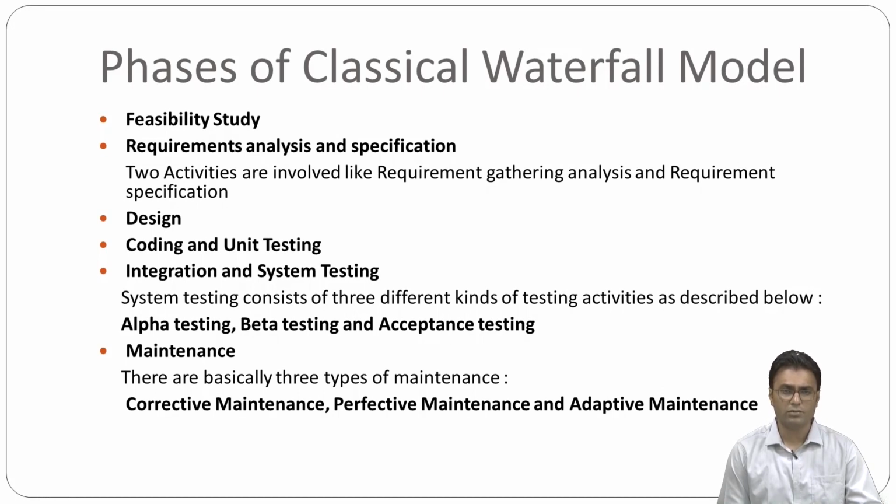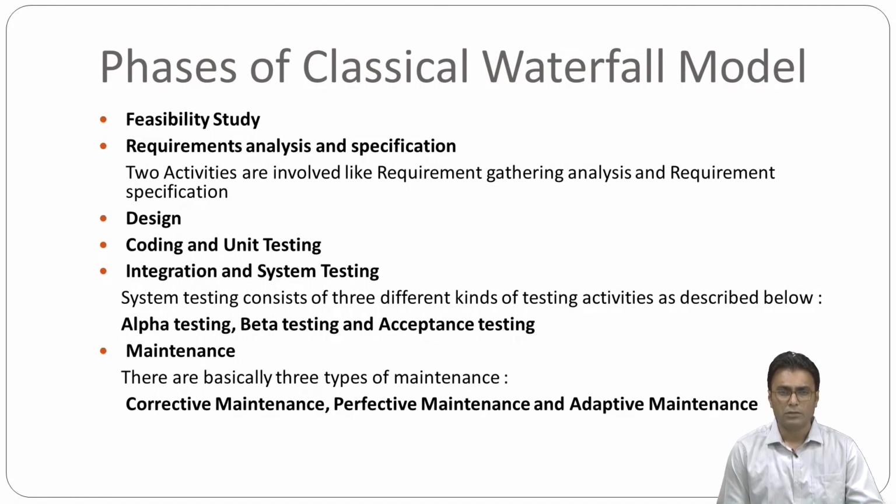Then the next one is integration and system testing, which is the fifth phase. Here, integration of different modules is undertaken soon after they have been coded and unit tested. Integration of various modules is carried out incrementally over a number of steps.